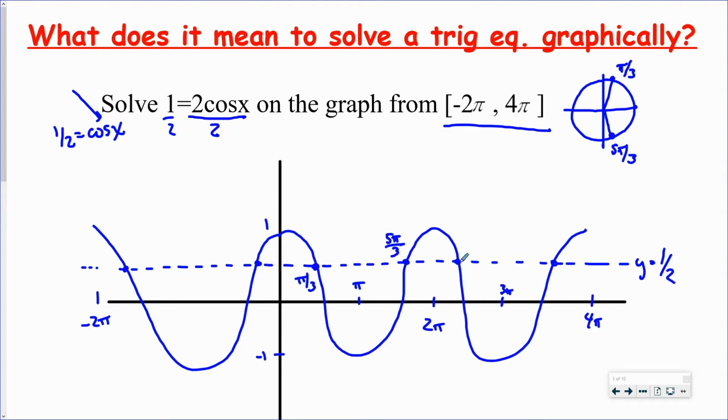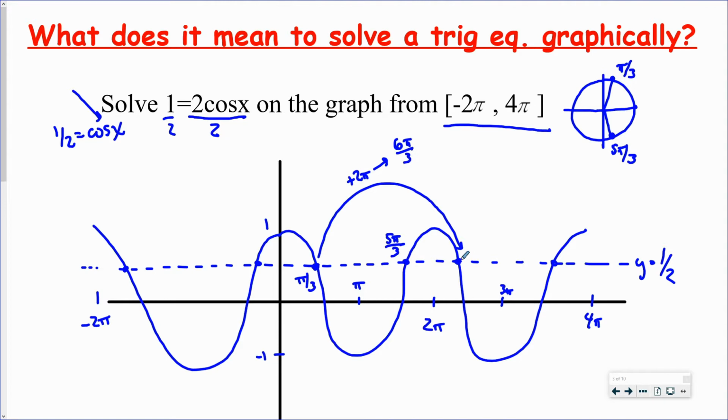Now, how could we get these other solutions? Well, we know that because of coterminal angles, we just keep spinning around this circle. There's one full cycle of cos. Here's another full cycle. So these 2 points here are just going to be coterminal with these ones. So if we take pi over 3, for example, and we add on 2 pi, I'll convert it to the same denominator, so I'm going to make it 6 pi over 3.